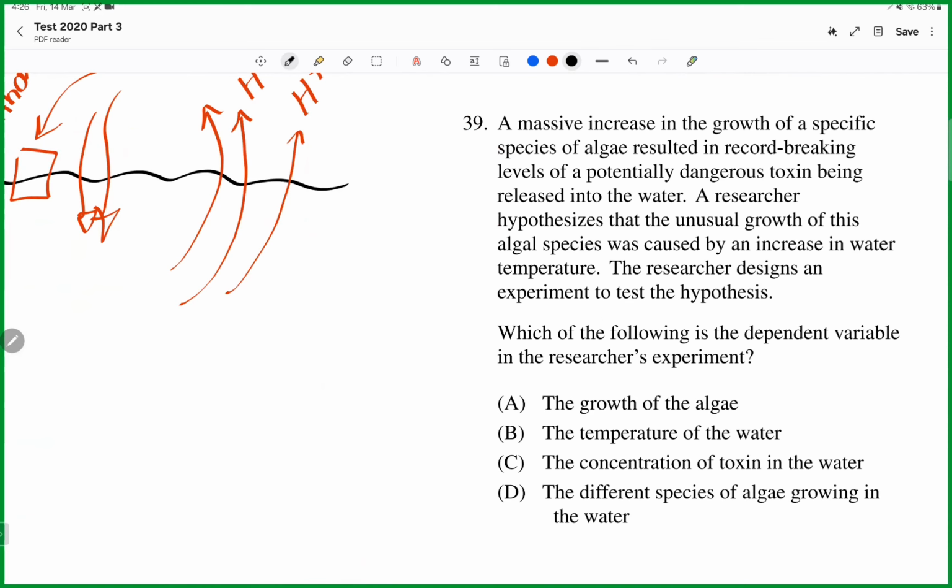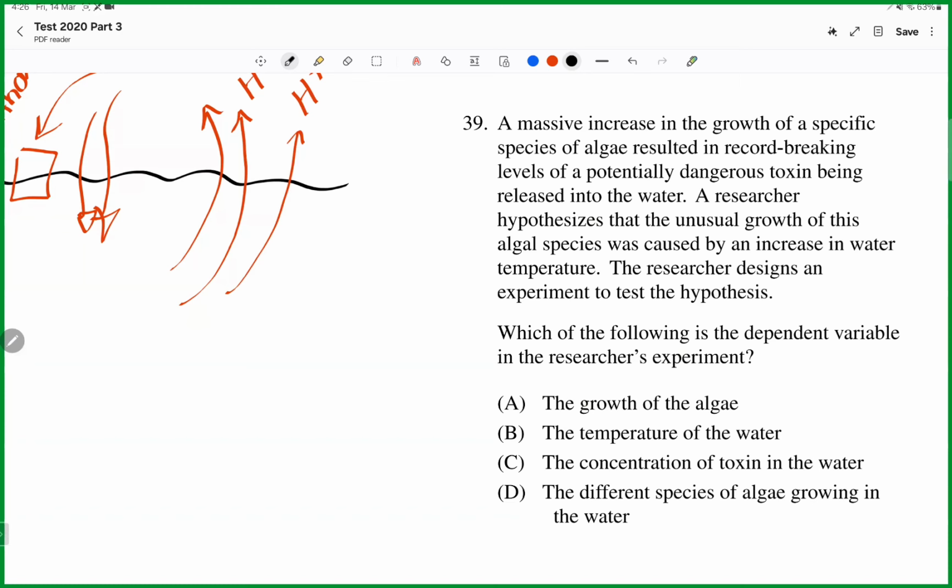A massive increase in the growth of a specific species of algae resulted in record-breaking levels of potentially dangerous toxin being released into the water. Now, the researcher makes a hypothesis that this unusual growth of the algae was due to an increase in the water temperature.